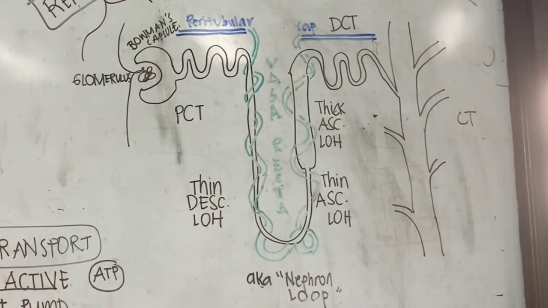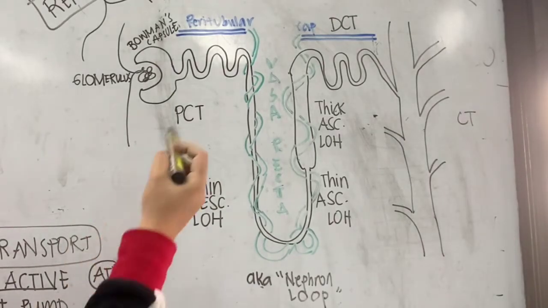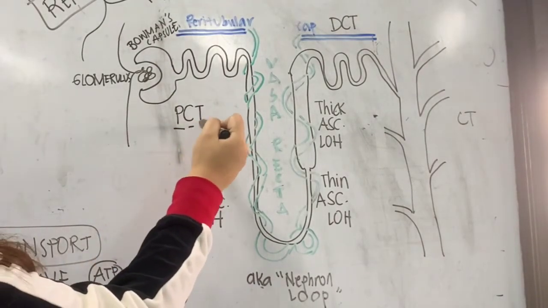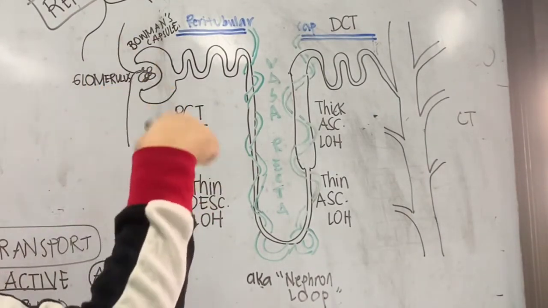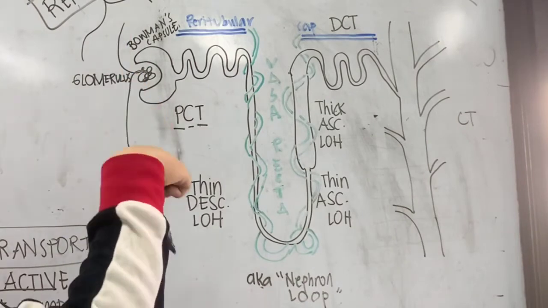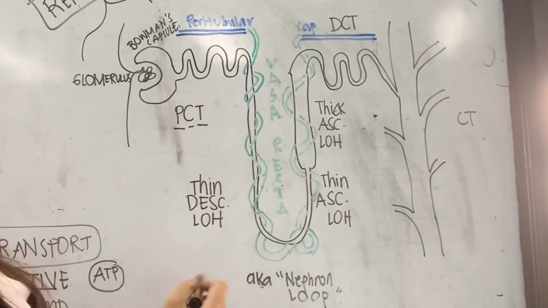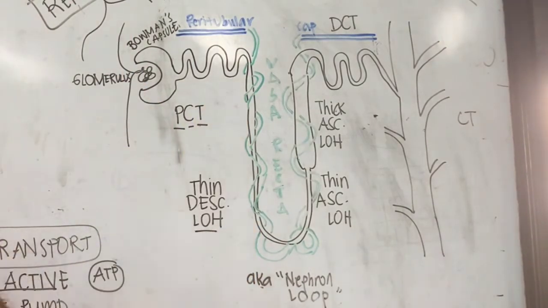Now let's move on to different parts of your nephron. We are done with the renal corpuscle. After that, your fluid will pass through your proximal convoluted tubule. It is convoluted, so it comes in waves. From there, it will go to your thin descending loop of Henle or thin descending nephron loop. It's the same thing.